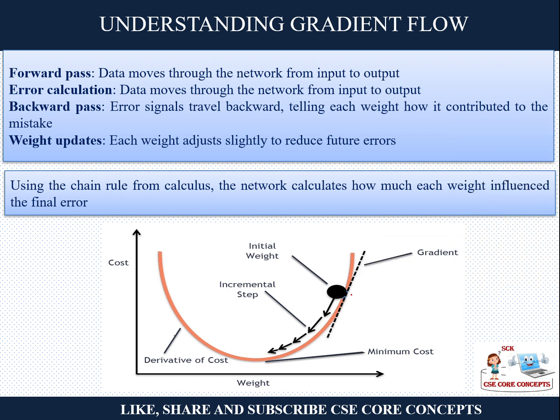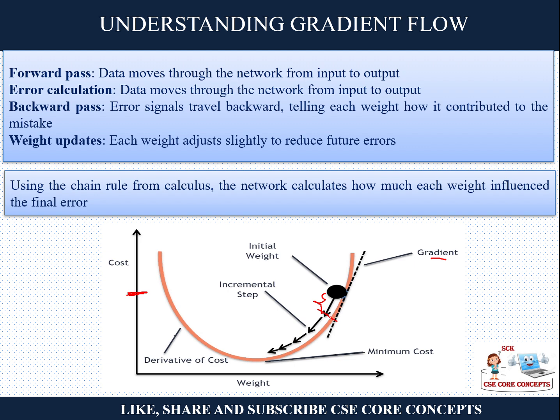This is your cost function. Because of the initial weight, your error was here. It was quite a high error, and you want to reduce this error. To reduce the error, you went along the gradient, that is, you did a backpropagation. While you did the backpropagation, by how much of a step did you move? Only by this much, so in the next step you reached here.